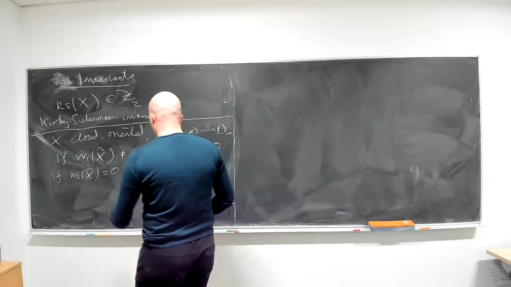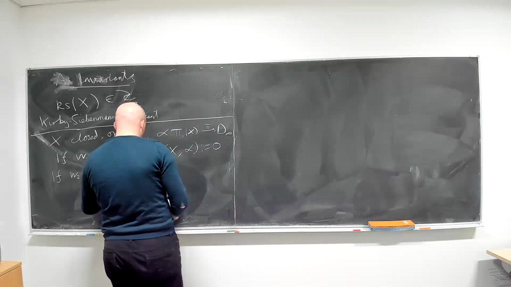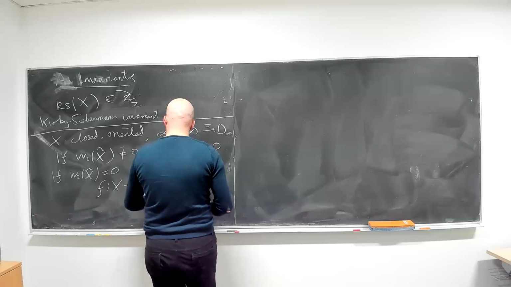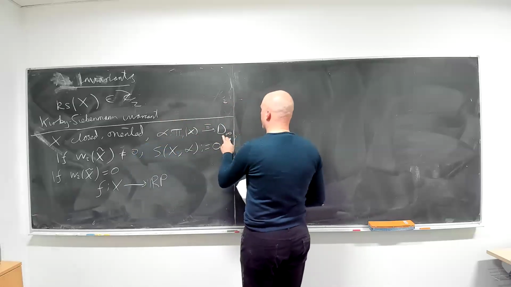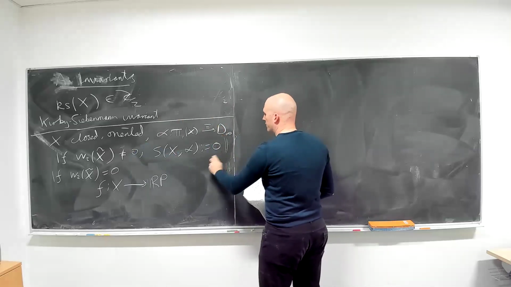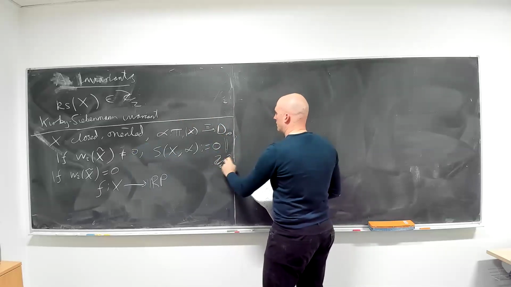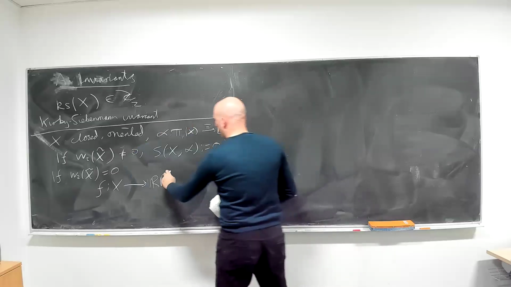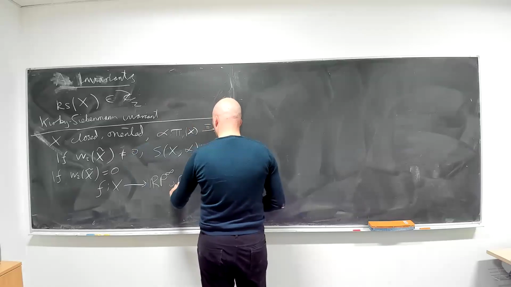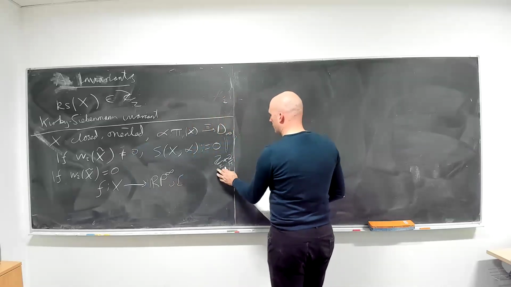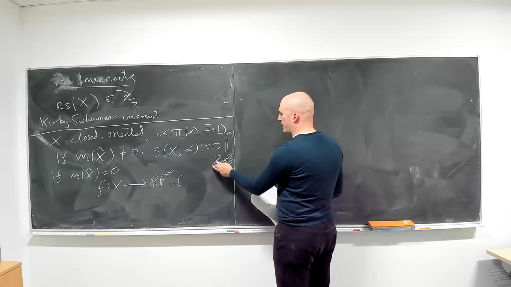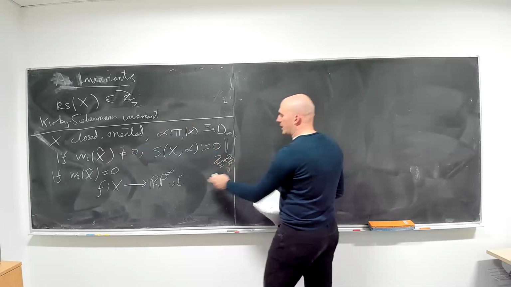So if I have this map to D infinity, remember this is Z2 star Z2, the classifying space for Z2, the Eilenberg-MacLane space K(Z2,1), is RP infinity.